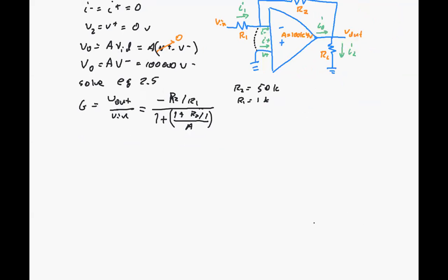And of course, if that gain is infinite, then this just reduces to the inverting configuration of minus R2 over R1. But that's not what we have. We've got a finite gain.